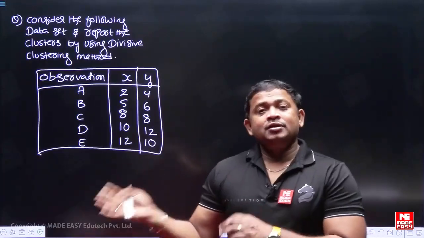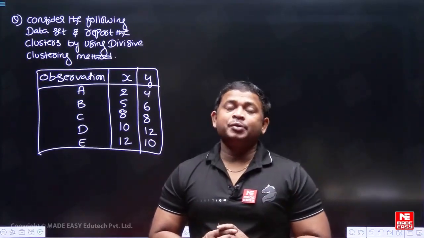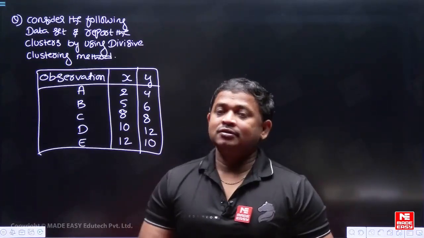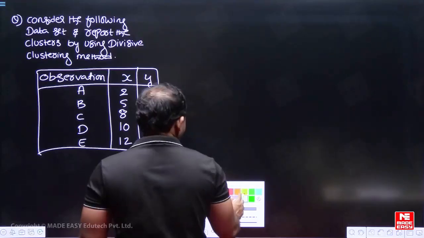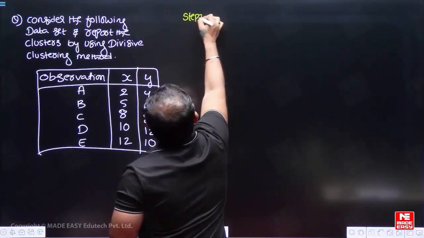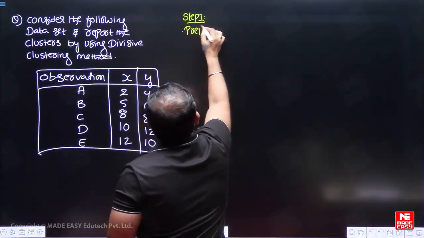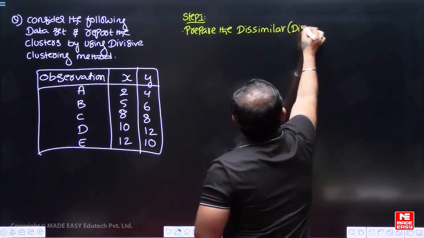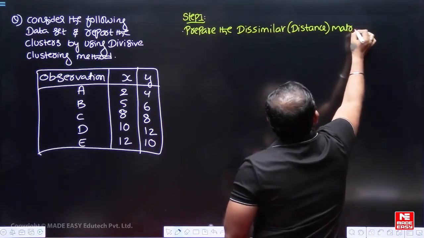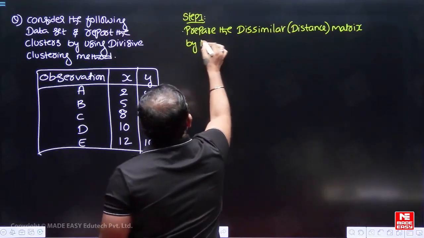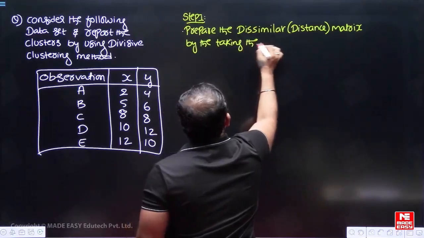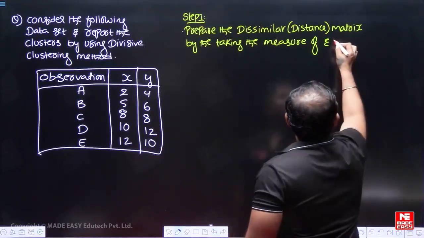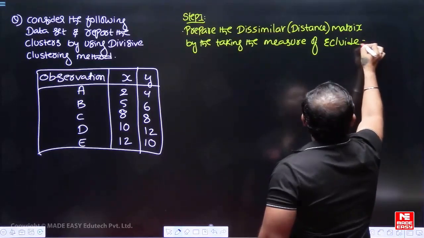To do clustering on this raw information, first we need to prepare the dissimilar matrix, based on the measure of Euclidean distance. So step 1 is: prepare the dissimilar matrix, that is, distance matrix, by taking the measure of Euclidean distance.